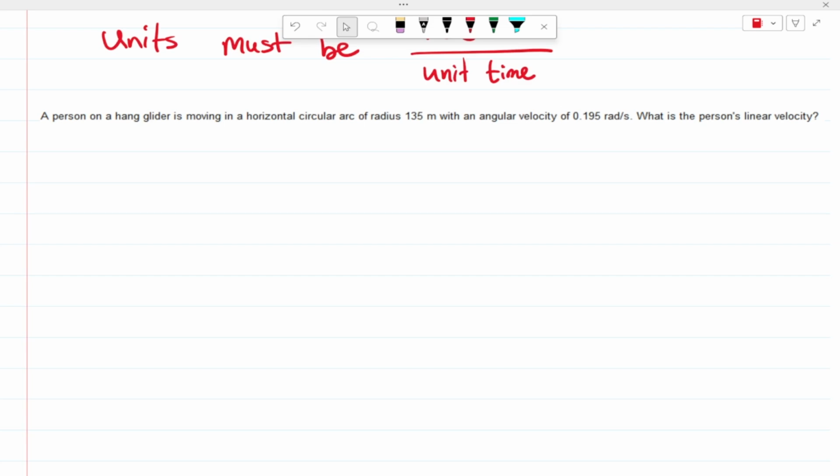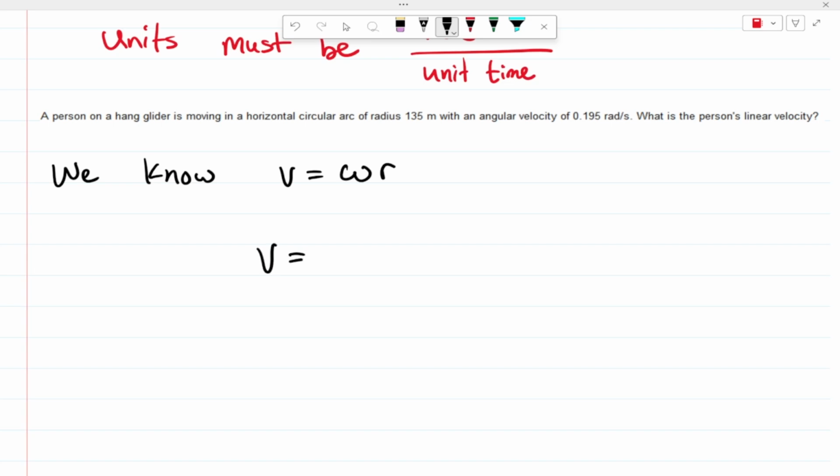Well, what we know is the following. Velocity itself is equal to the angular velocity times the radius. So all we have to do is just make our substitutions, call it a day. Very straightforward.